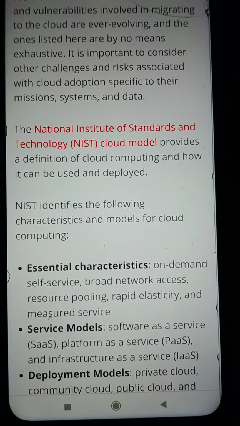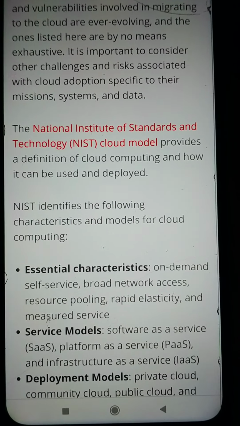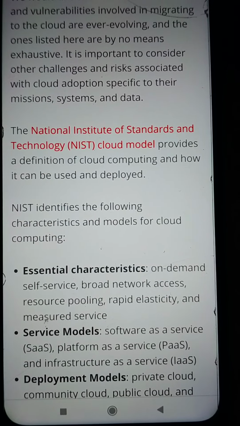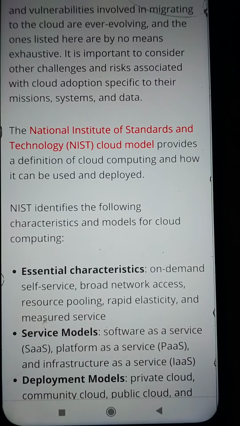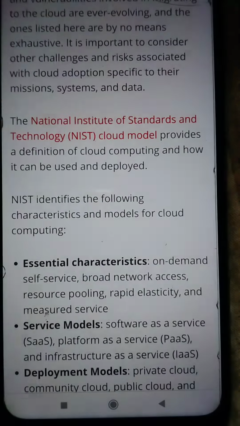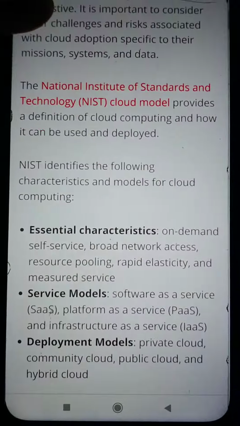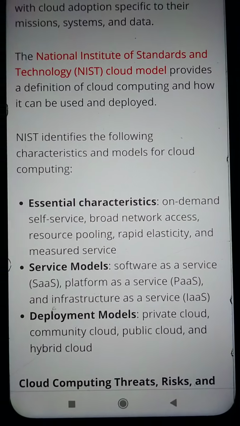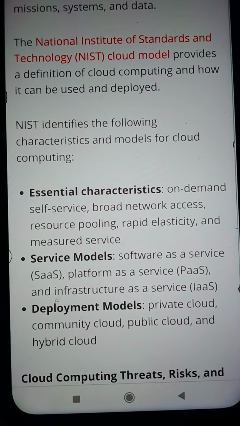The National Institute of Standards and Technology (NIST) Cloud Model provides a definition of cloud computing and how it can be used and deployed. NIST identifies the following characteristics and models for cloud computing.